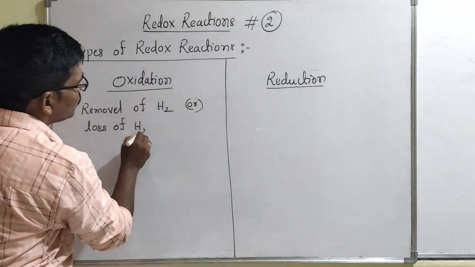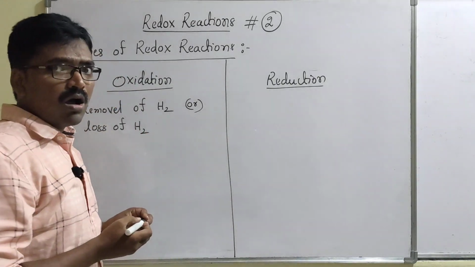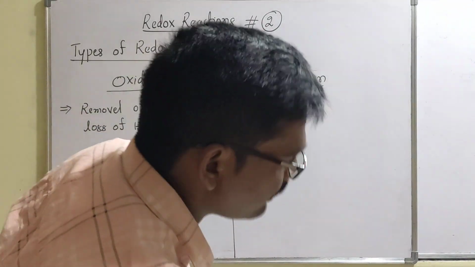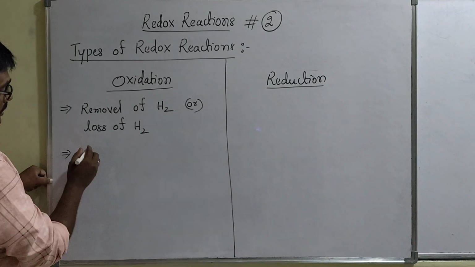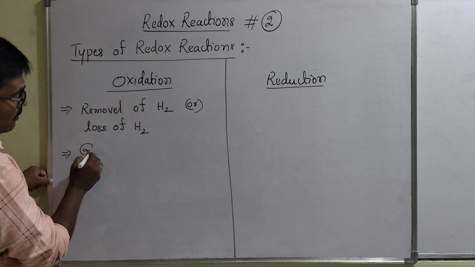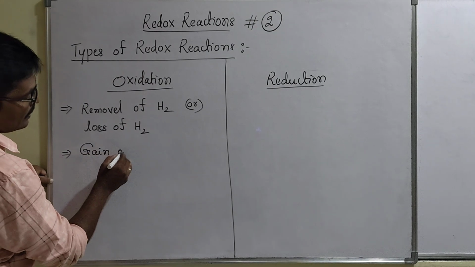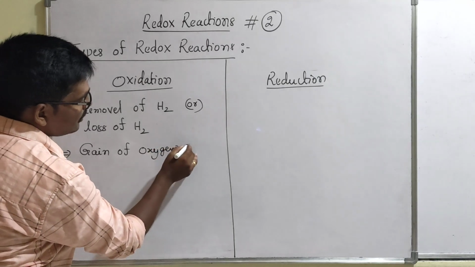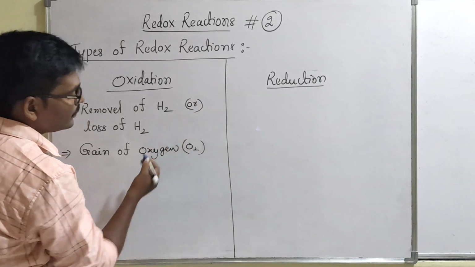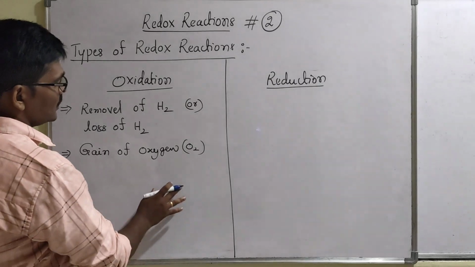Loss of H2 is called oxidation. Or otherwise, gain of oxygen, gain of O2, is also called oxidation.